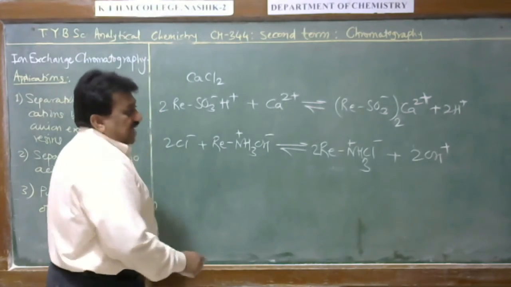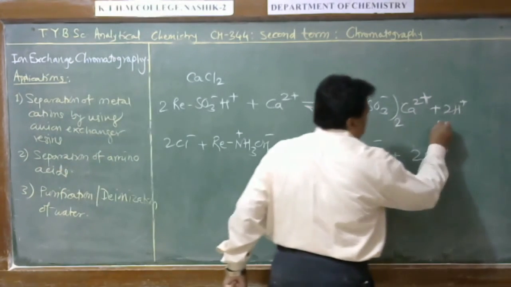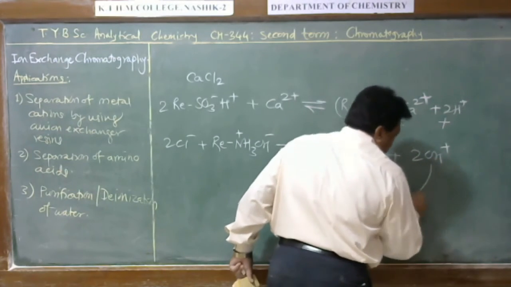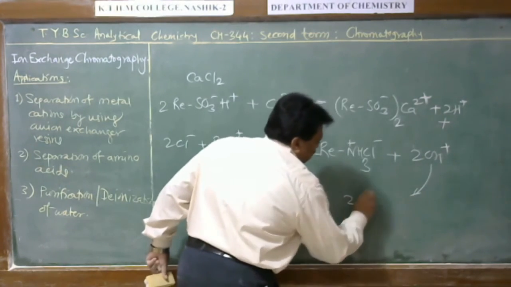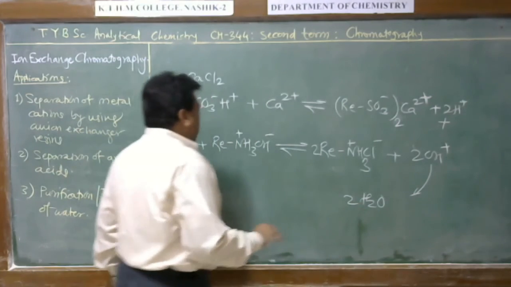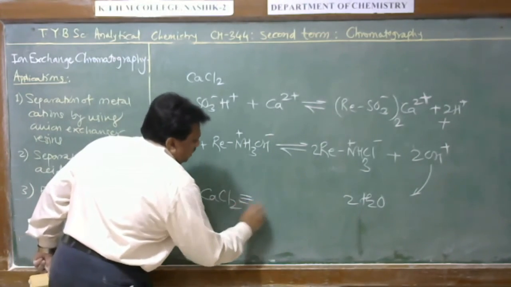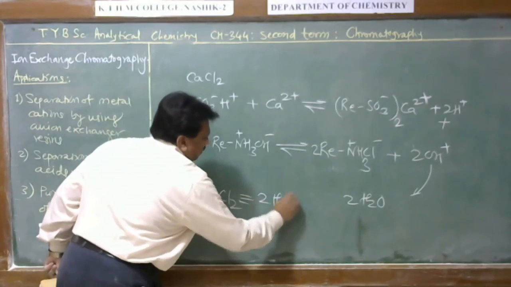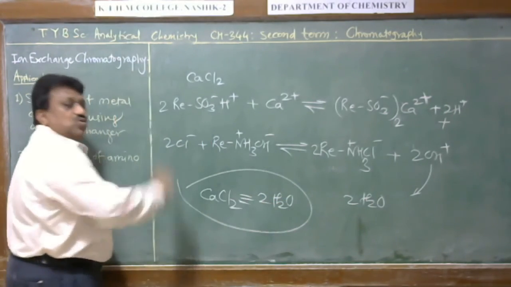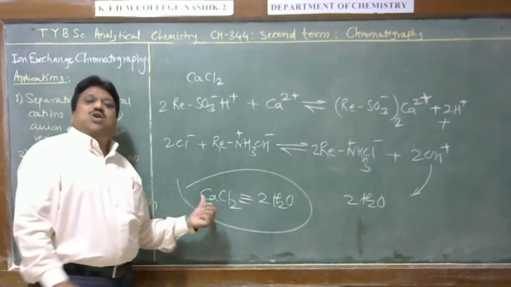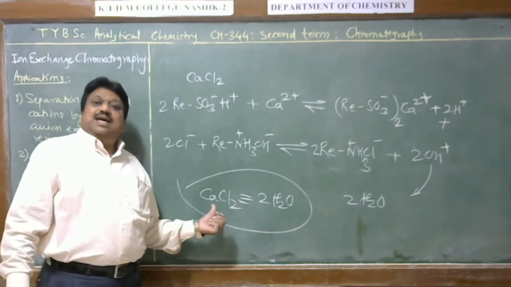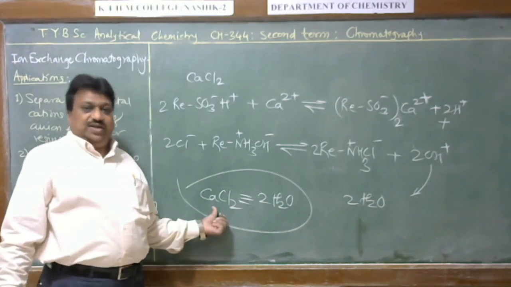The H plus ion released in this exchange process and the OH minus ion released in this process give 2 water molecules. Therefore, a single calcium chloride molecule is exchanged with 2 H2O molecules, and hence we can remove the ions from the water, and that is called deionization of water.